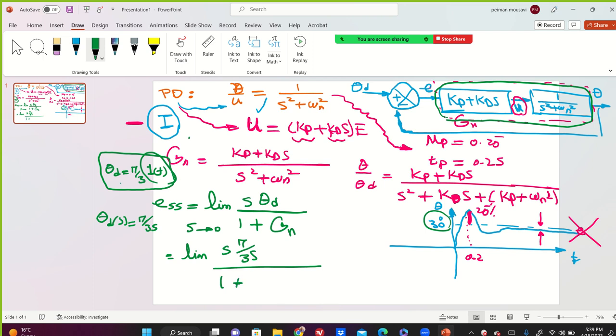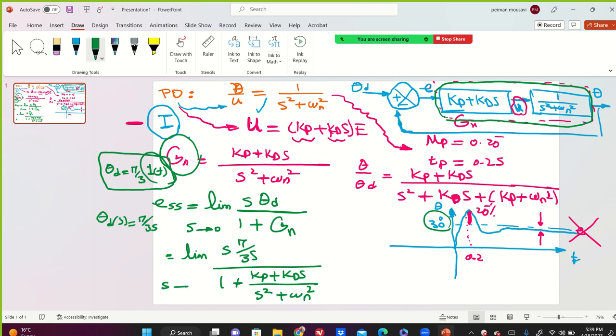Over 1 plus your new open loop transfer function, Kp plus KdS in S square plus omega n square. You saw that I took a very physical problem, the pendulum. I'm controlling it step by step as I want, because this example continues in this class and the next class.